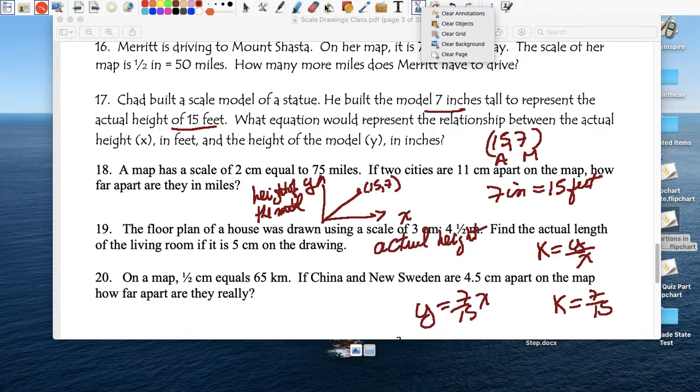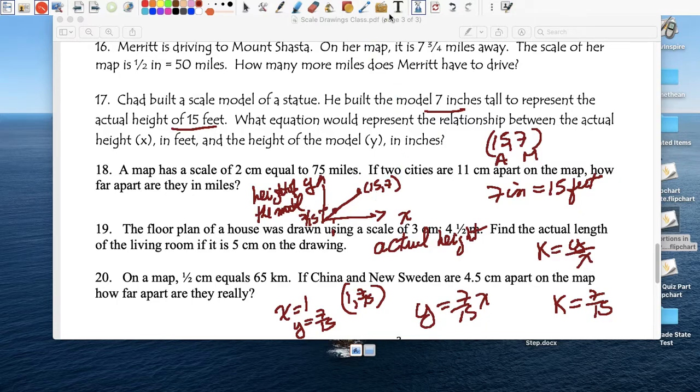So when x equals 1, what is y? y equals 7 over 15, right? So that would be our unit rate. Write that point over here: 1, and this is 7 over 15. They're not asking for it, though.